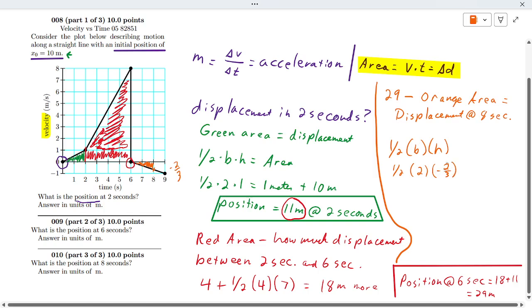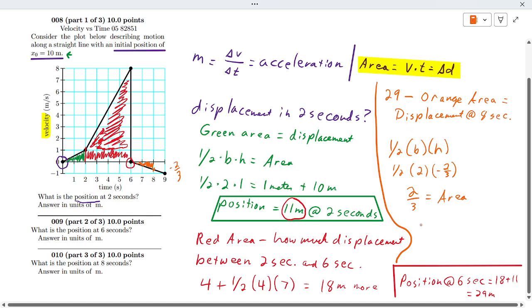Again, that negative is a little hard for people to conceptualize, so we're just going to add it on at the end. So 1/2 times 2 is 1, and then times the negative 2/3 means that my area is 2/3. Again, it's actually negative, but only in terms of the value for combination.